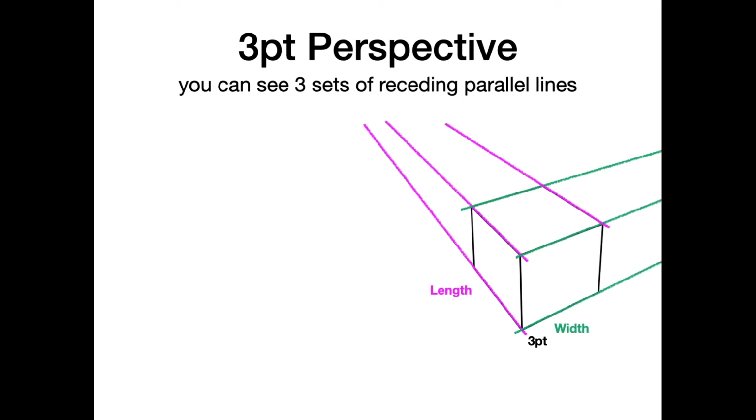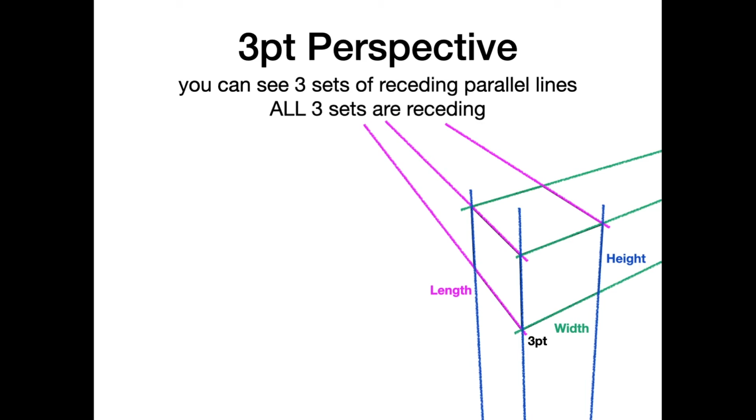And now you can see that the lines of the height of the cube are no longer perfectly vertical. They are receding downwards, even if it's just the slightest amount. If we were to extend those lines from each side long enough, they would eventually converge on three separate vanishing points. Hence why we call it three-point perspective, because all three sets of parallel receding lines in the cube will converge at three separate vanishing points.